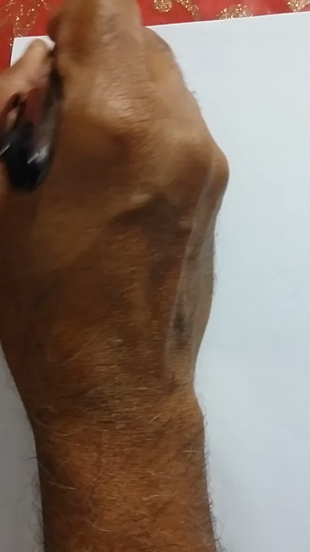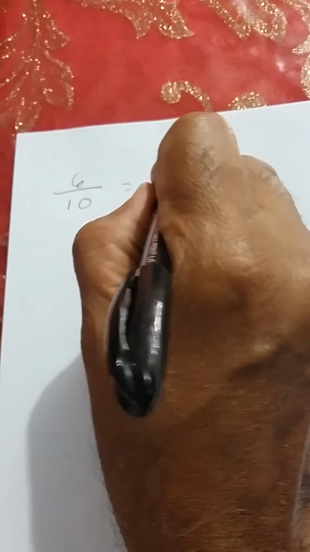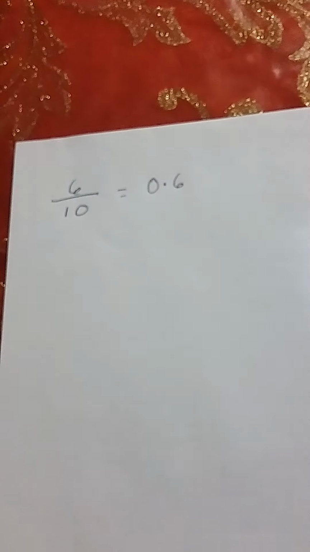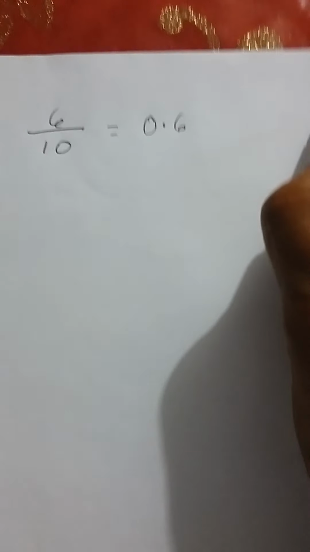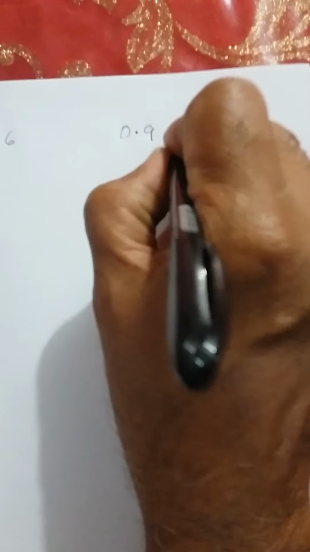Before I begin today's lesson, I want to remind us that if we had 6 tenths, we write that as 0.6. And if we had 0.9 as a decimal, we write it as 9 out of 10.